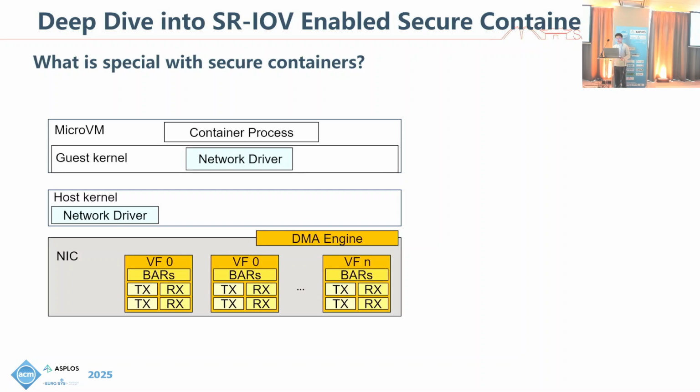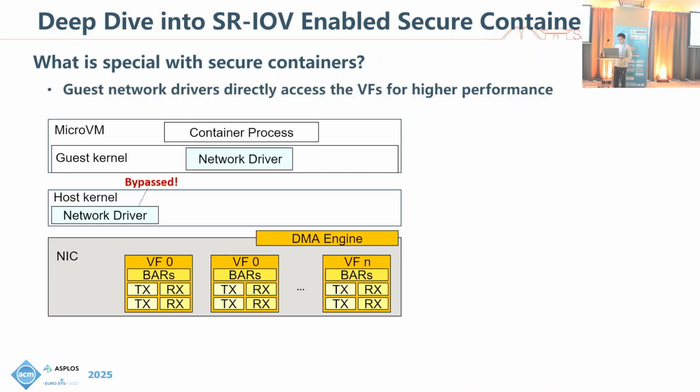To do that, we need to first understand what is special about SR-IOV-enabled secure containers. As we have mentioned, traditional containers share the host network driver, and they manage the virtual functions through the shared host network driver. But secure containers have their own kernels and their own network drivers, so they want to manage the virtual functions using their own driver.